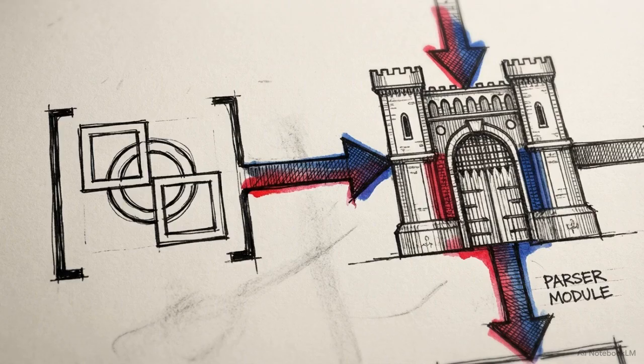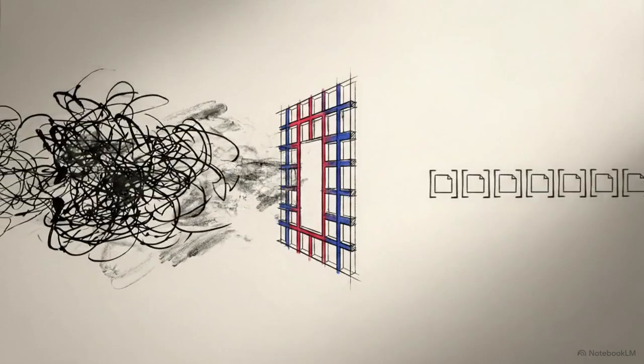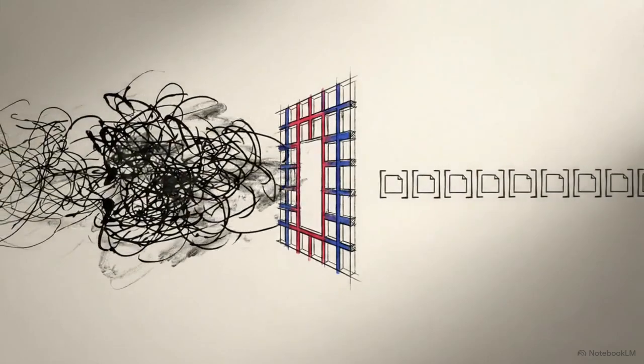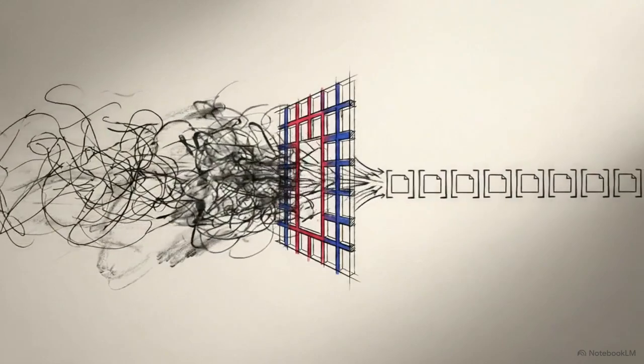By passing this, the lexer tells the parser the broad categorical type of the unit it just processed. The second half is the attribute value. The parser must know which specific identifier this token represents in order to evaluate the program's logic later on.